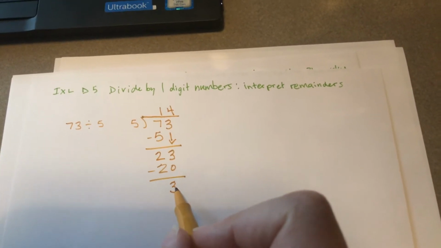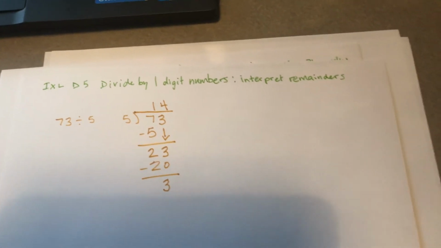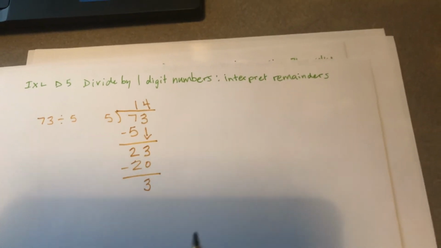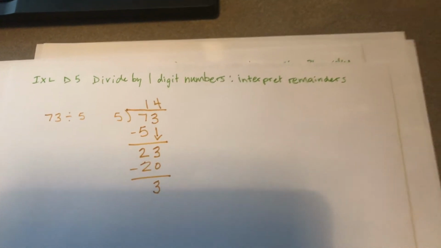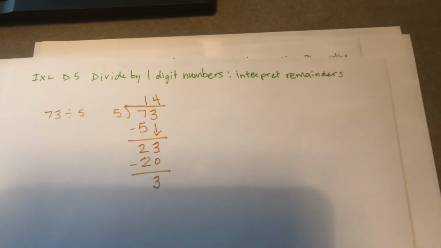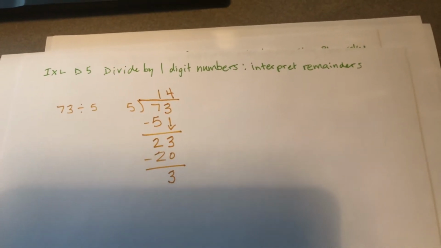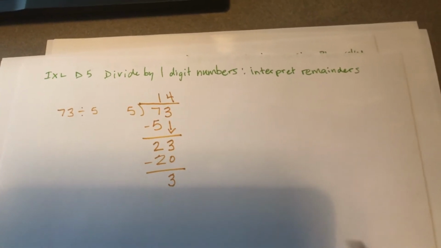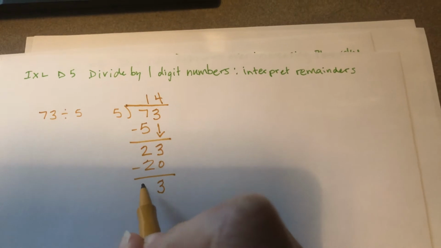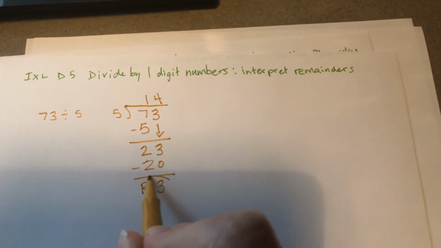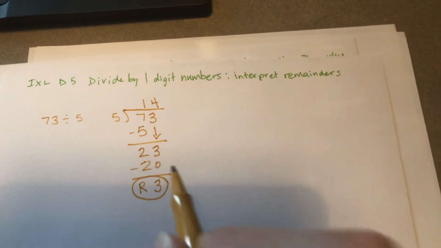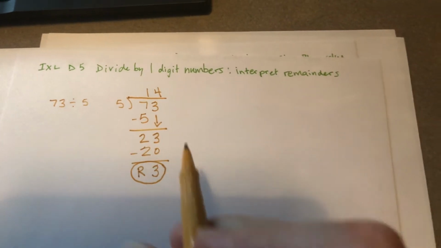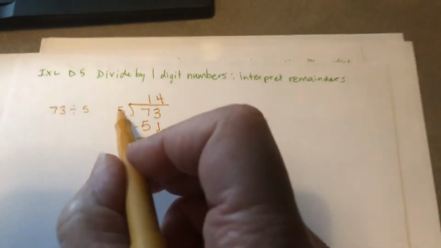Now, 3 divided by 5. I can't do that. So in this case, this is when you end up with a decimal number, but we're not doing decimals right now. So we have a remainder of 3. But what does this really mean? This really means 3 divided by 5.